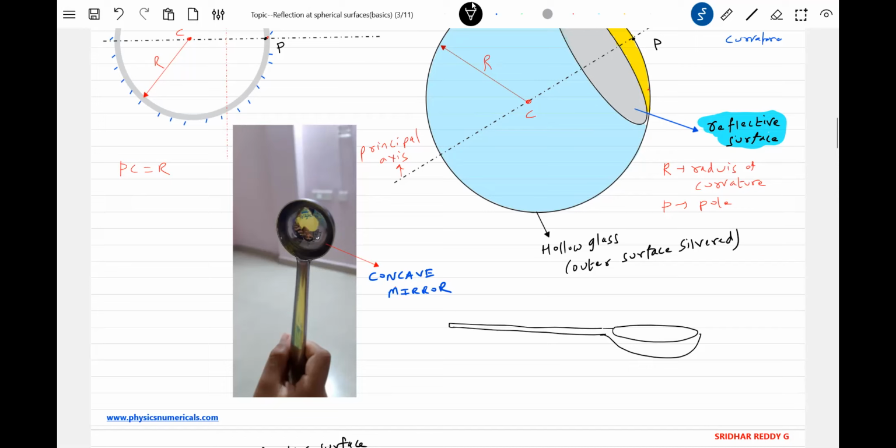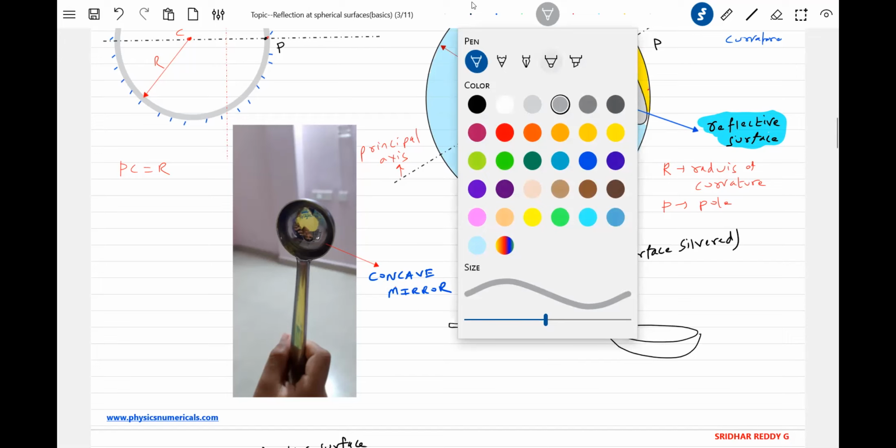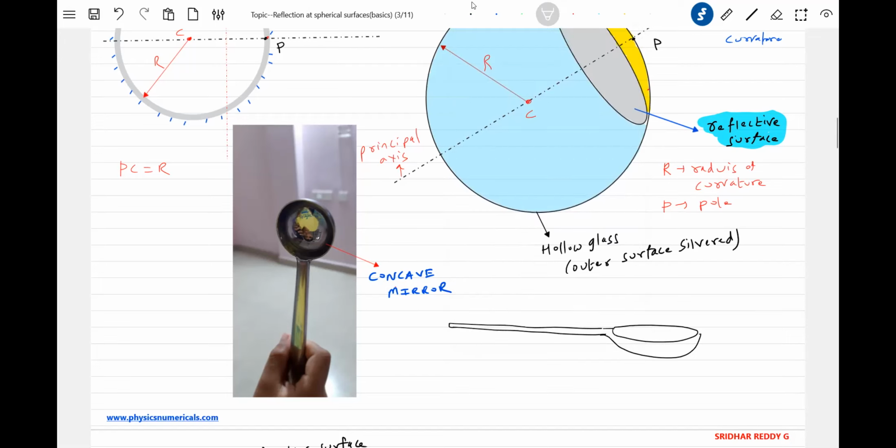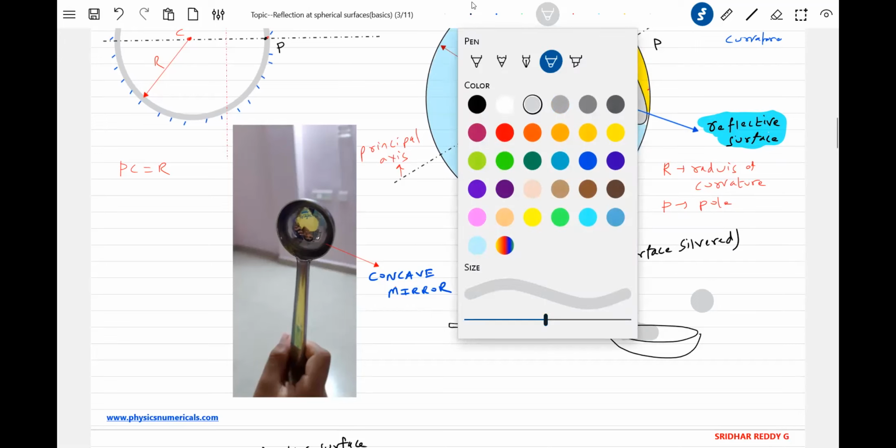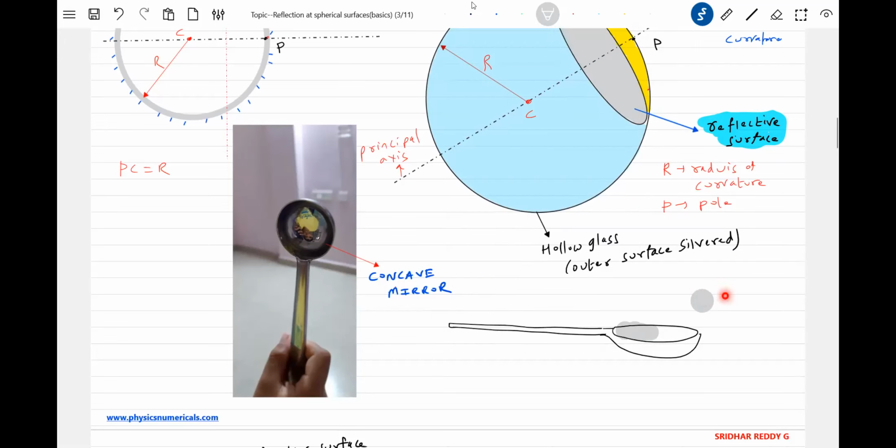So this will be the drawing diagram. Fine.